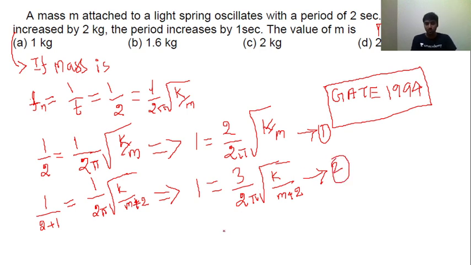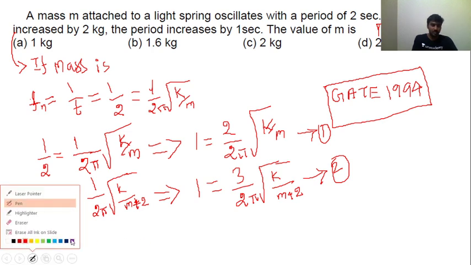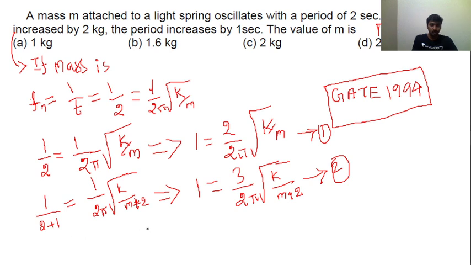Now equate equations 1 and 2. Watch it carefully. 2 divided by 2 pi into root of k divided by m is equal to 3 divided by 2 pi into root of k divided by m plus 2. Now 2 pi cancels.